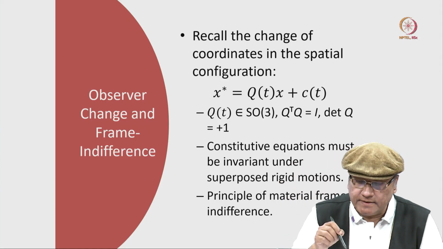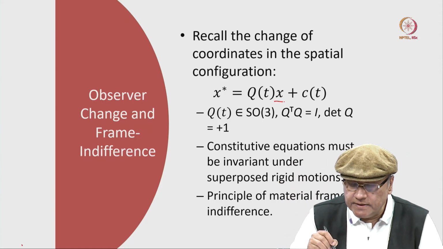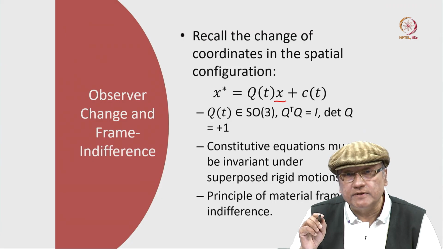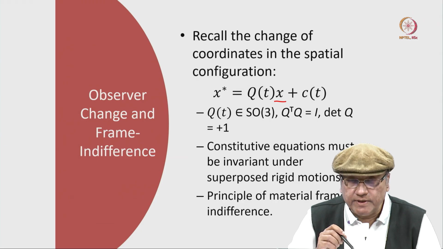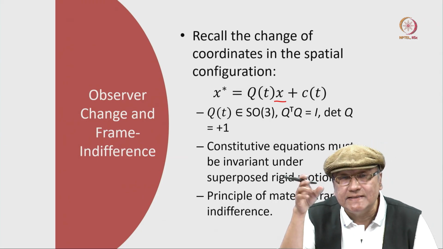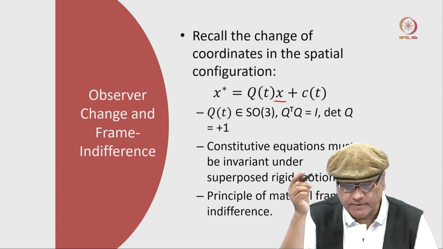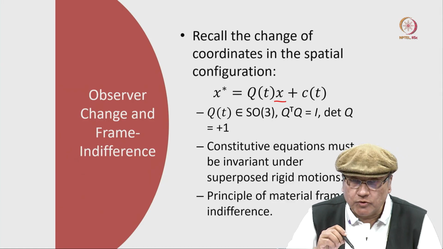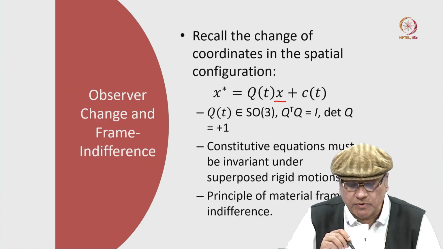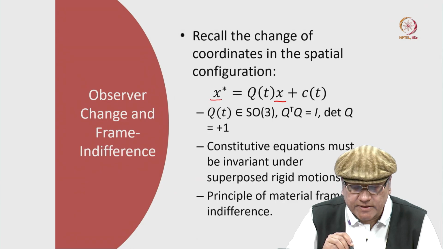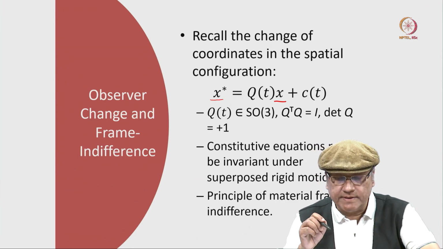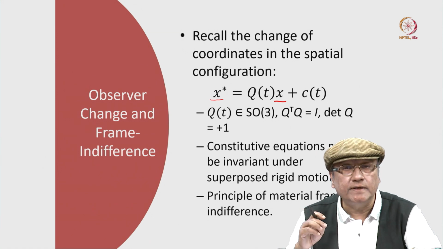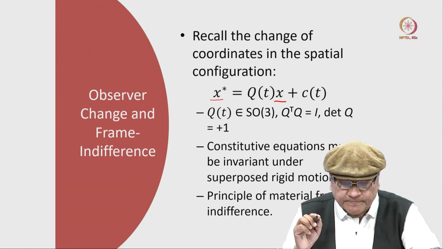So if you consider small x to be the coordinates of the deformed configuration, then what it means is that we are talking of a rotated and translated coordinate system also, right. So this rotated and translated coordinate system will be described by x star, whereas small x is the original coordinate system that you have chosen for the spatial configuration.